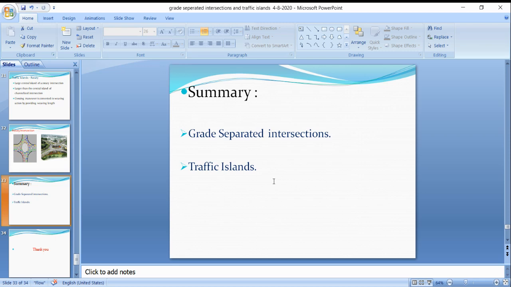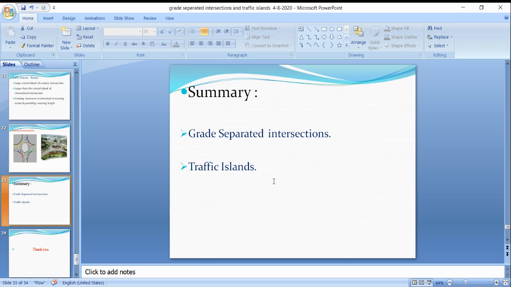So flyovers, where the major importance are taken over the lesser importance. A flyover is where we provide major traffic movement. For that, we are giving more preference to the lesser traffic importance, lesser traffic area. So that is the height elevation.